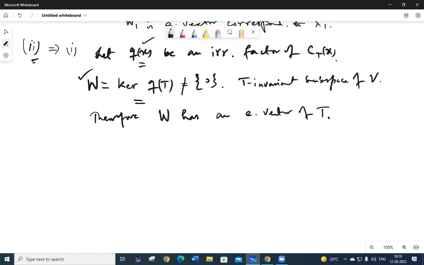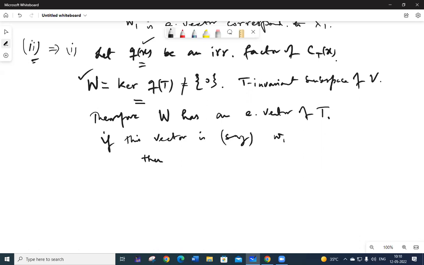That means W, if this vector is, say, W1, let us take W1.